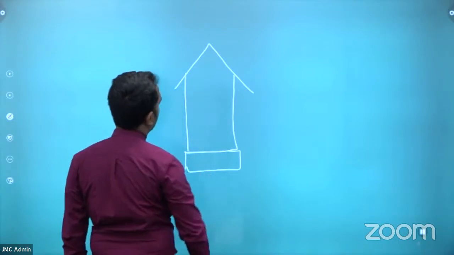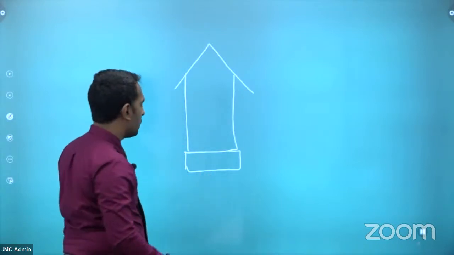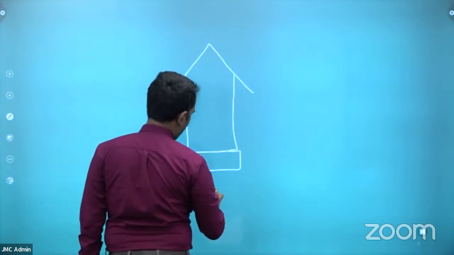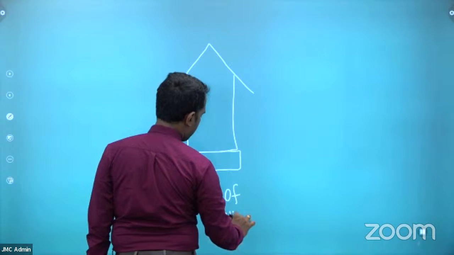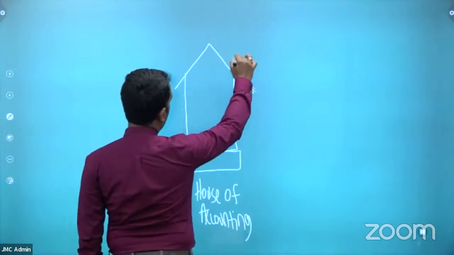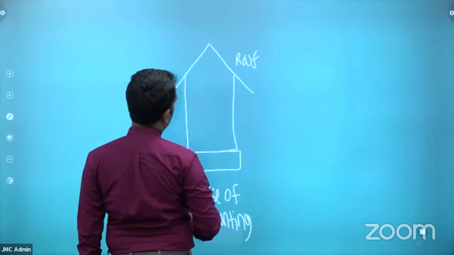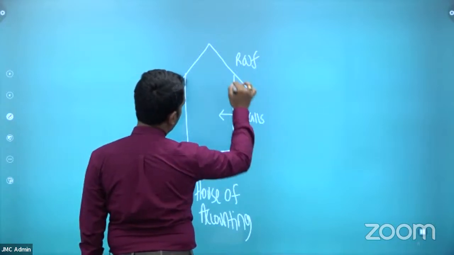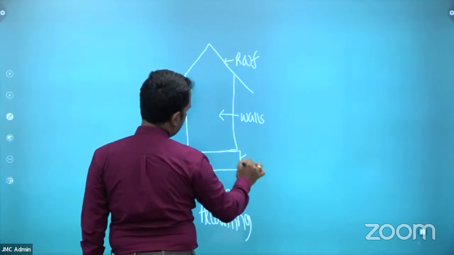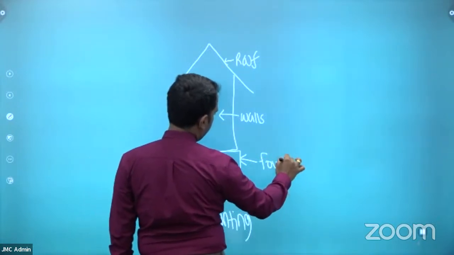This is the house called house of accounting. Now you can see the roof, you can see the walls, and this is the foundation.